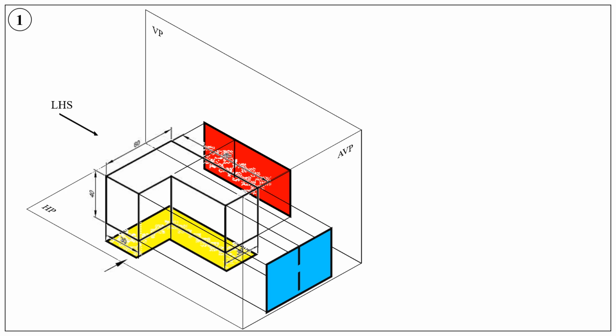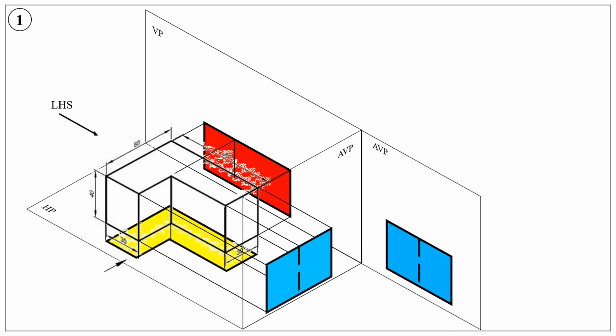So what is that rotation? It will be something like this. So when the auxiliary vertical plane is rotated through 90 degrees, this auxiliary vertical plane will take this position.